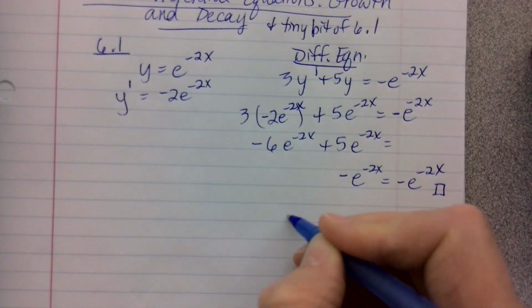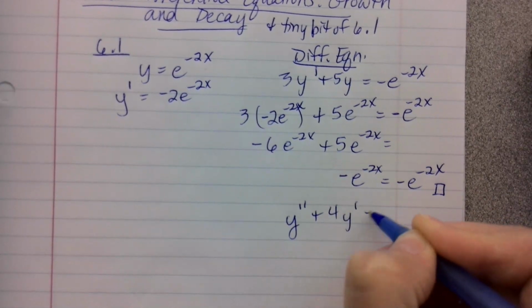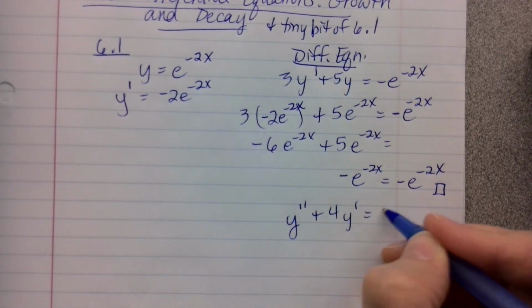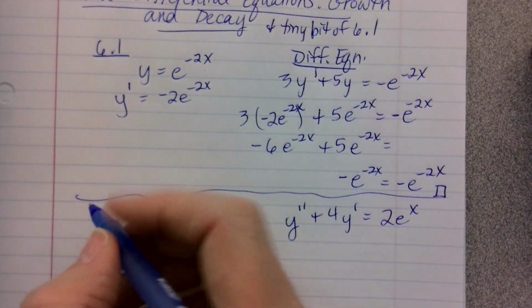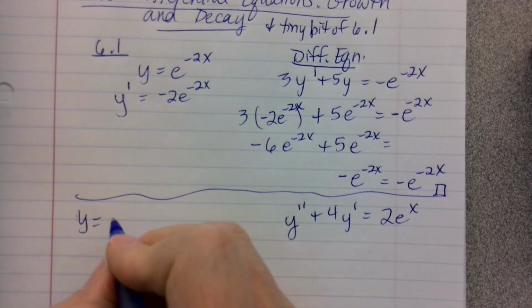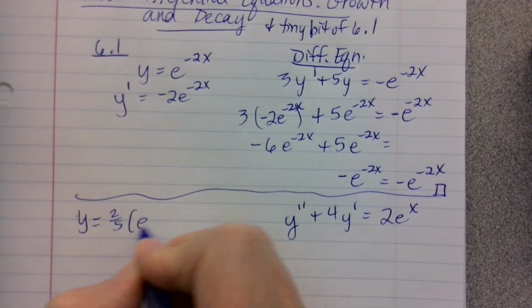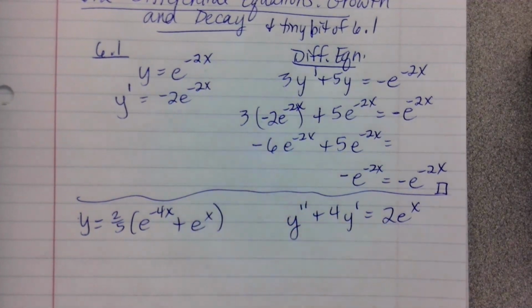How about the differential equation is y double prime plus 4y prime equals 2e to the x, and the solution y equals 2/5 e to the negative 4x plus e to the x.